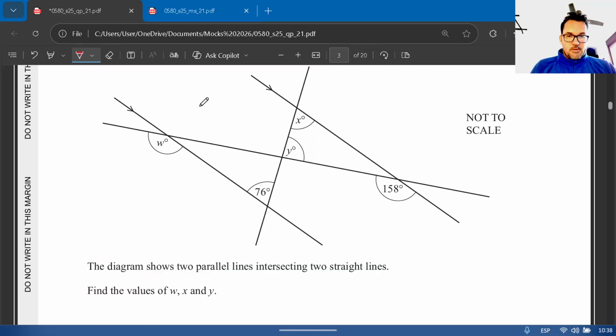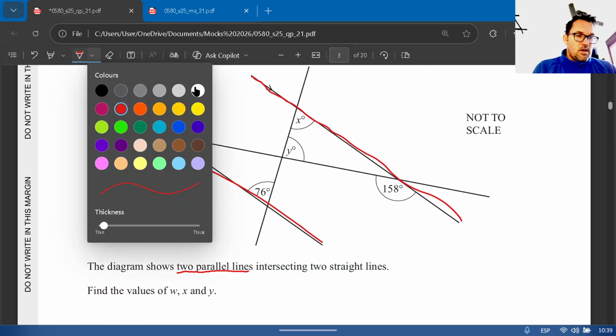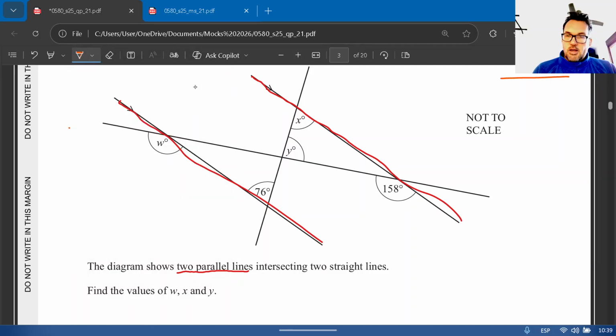Right, so when we are doing these questions, read what it tells you. It tells us there are two parallel lines, so this has value. Having parallel lines, the moment we see parallel lines, we need to look for those popular Z and N angles. Don't ever call them Z and N in the exam.